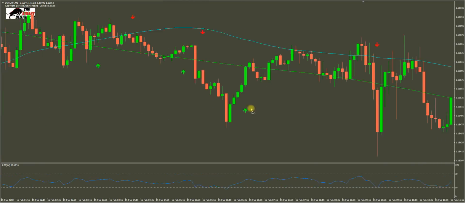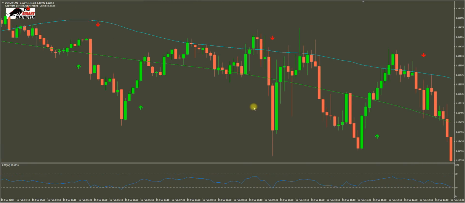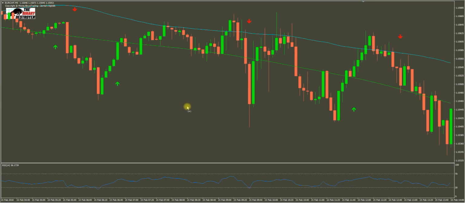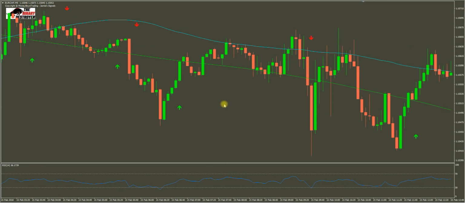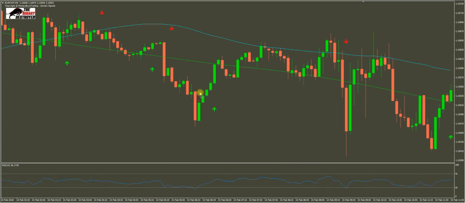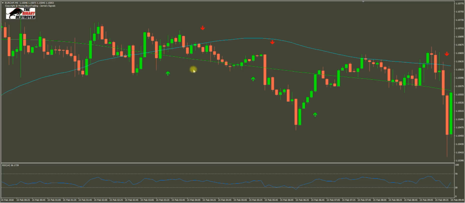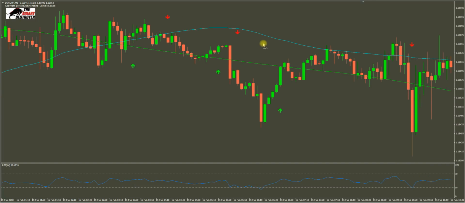Now what he does is he takes the opposite arrows. Let me give you an example. Let's start from here: the blue line has crossed over, we are now in a downtrend.